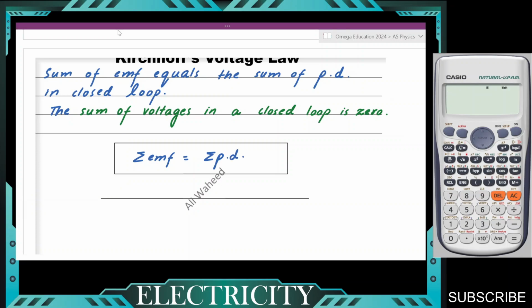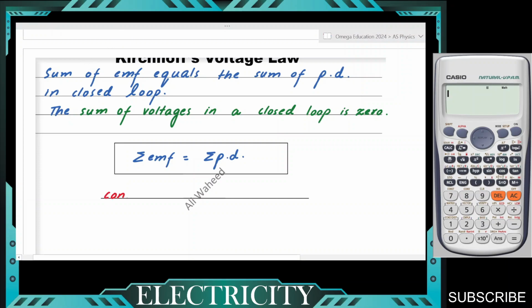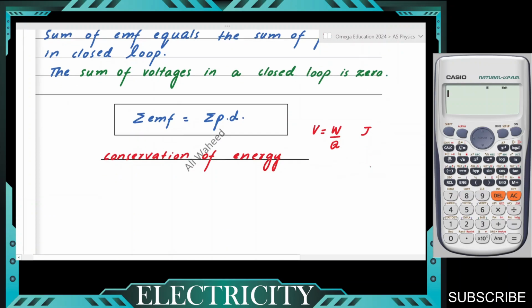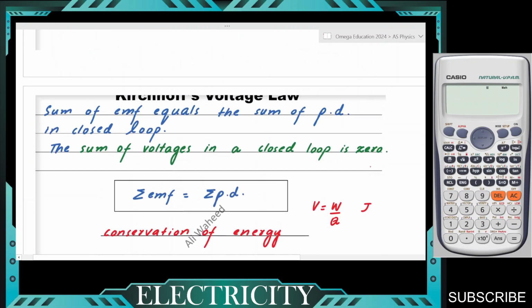And lastly, this law is a manifestation of, or is consistent with, the law of conservation of energy, because voltage is nothing but energy, work done per unit charge. So EMF or voltage is essentially work done per unit charge, where work is in joules. So it is a manifestation of the law of conservation of energy.